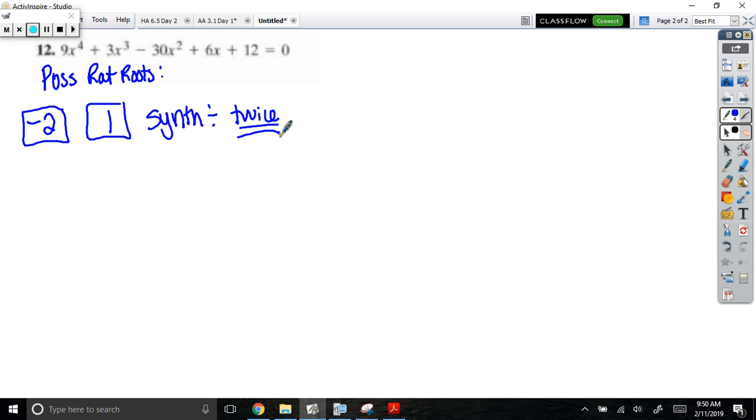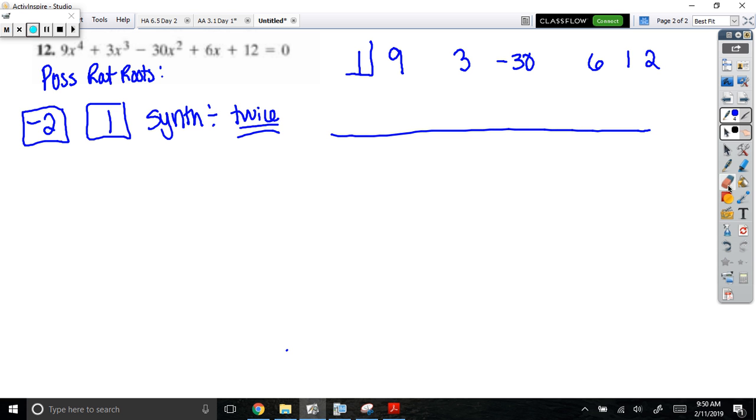So I'm going to start with the 1, and I'm going to list out my coefficients: 9, 3, -30, 6, and 12. And we're going to perform synthetic division, bringing our 9 straight down.